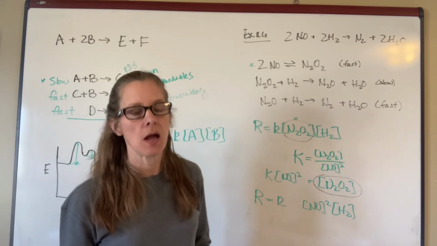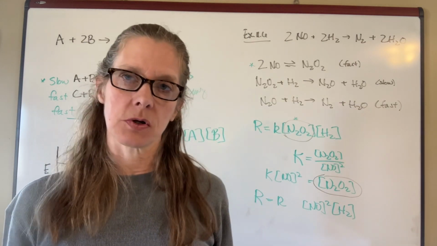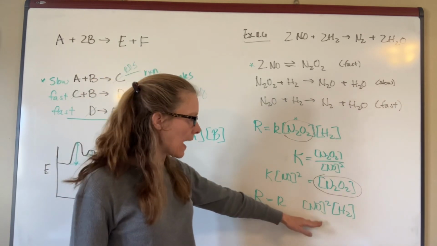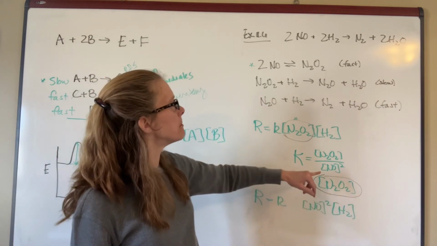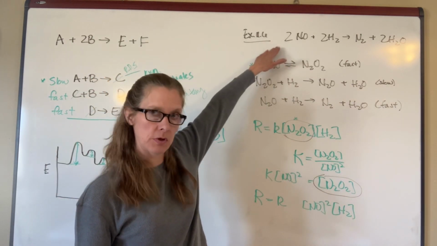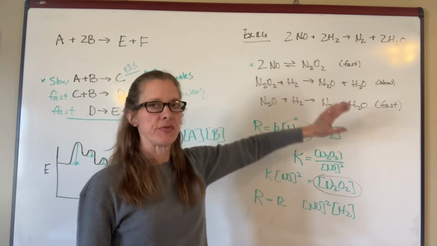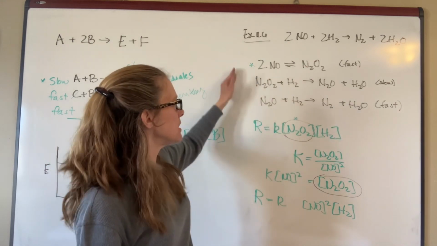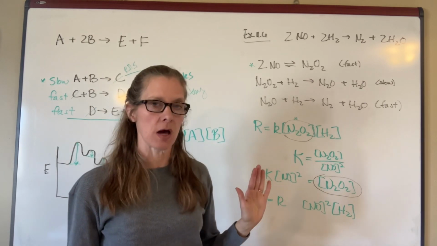Not necessarily. Sometimes it works out so that your rate law has stoichiometric coefficients that match those of the reaction up here, but that doesn't mean it's elementary. That doesn't mean that it didn't actually have a bunch of steps.